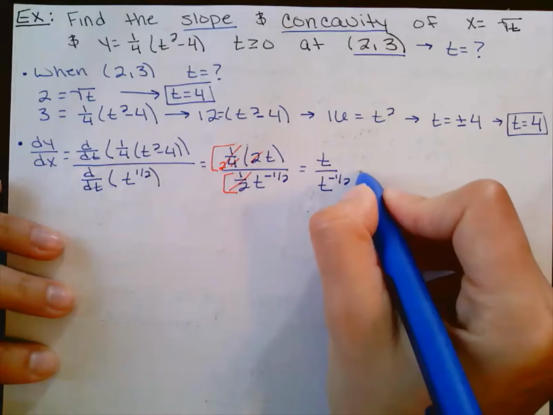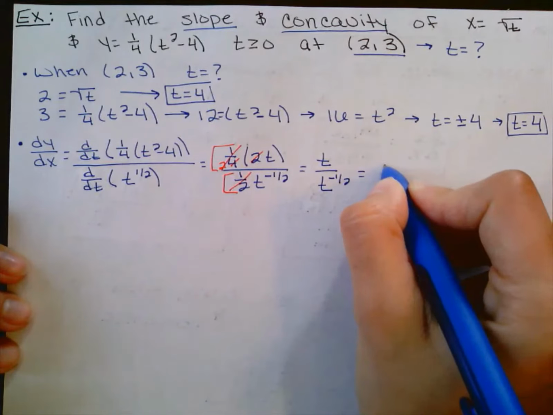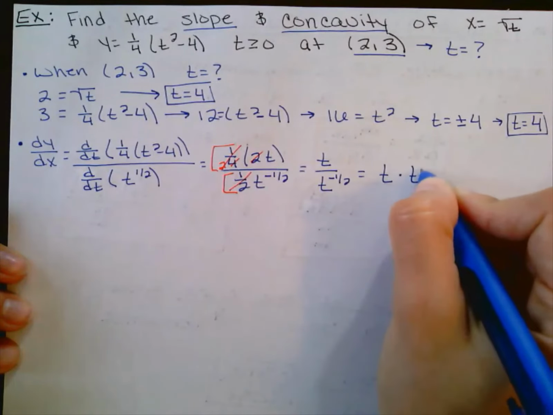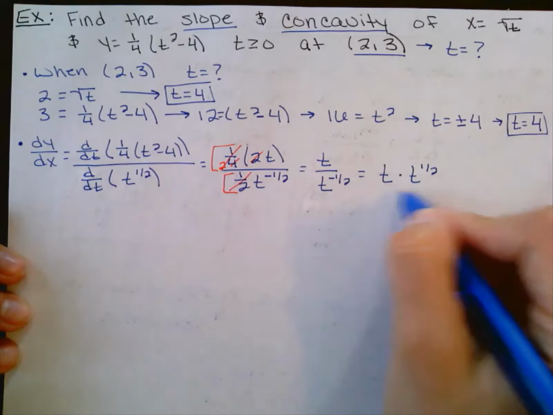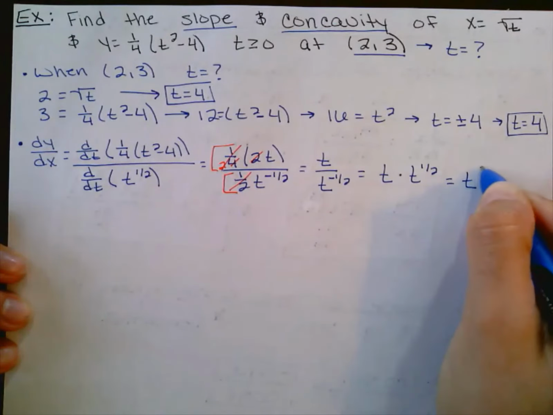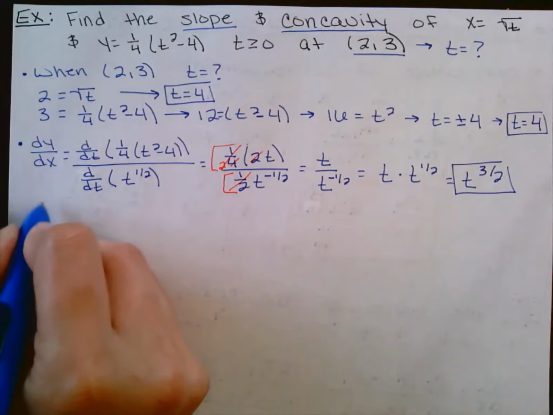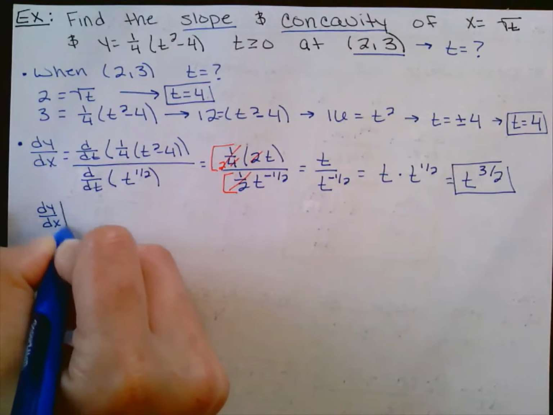Remember that negative 1/2 can come up. So now I have t to the first times t to the positive 1/2. When I have the same base, I add the exponents, and this is like saying 2 over 2. So I have t to the 3 over 2, right? There's my derivative.